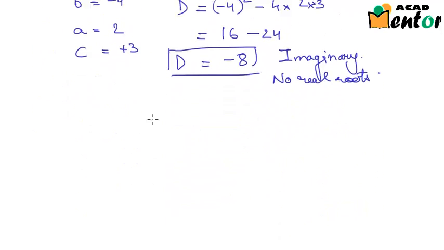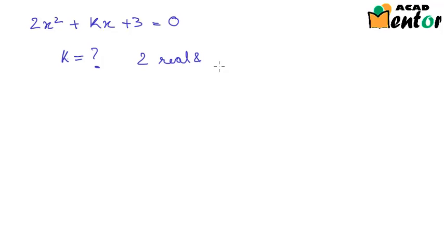Now let's look at another example. We are given an equation 2x² + kx + 3 = 0. Now here we have to find out the value of k such that we get two real and same roots. What do we mean by two real and same roots?